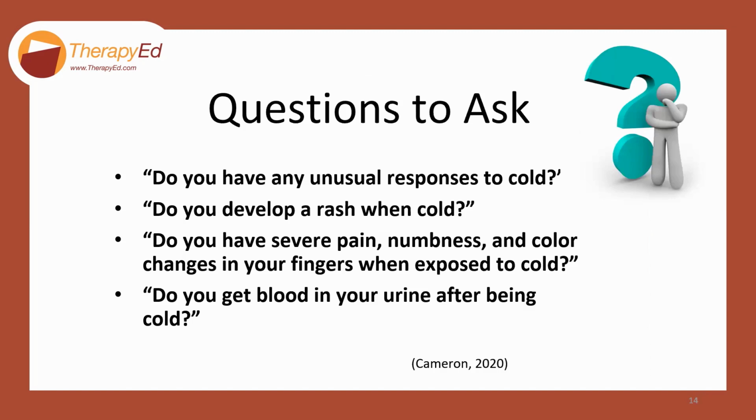Do you have any unusual responses to cold? Do you develop a rash when it's cold? Do you have severe pain, numbness, or color changes in your fingers when it's cold? Do you get blood in your urine? So part of the history might be asking appropriate questions to see if a thermal modality like cold is appropriate.